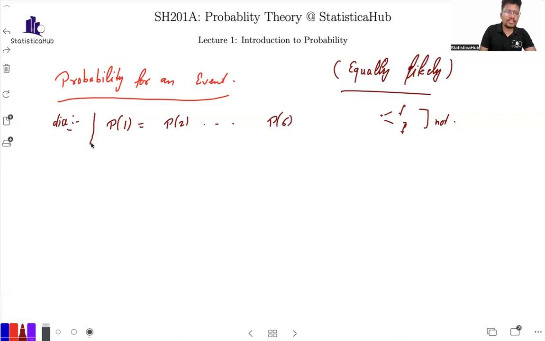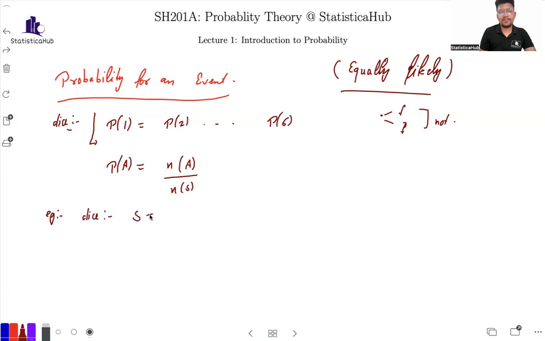So if I have to define the probability for some event A, then you write the probability to be simply the number of elements in event A over the number of elements in the sample space. Very simple. And in this concept, we are considering the events to be equally likely. In the same example, let's say you have the dice.